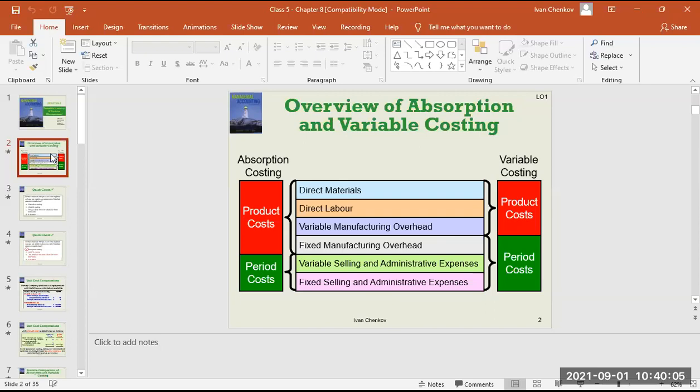In variable costing, the fixed manufacturing overhead is treated as a period cost and is not part of the product costing. So if we compare the product cost between both methods, with absorption costing the product will always have a higher cost. With variable costing, the product will always have a lower cost. Why? Because variable costing doesn't include the fixed manufacturing overhead, whereas absorption includes it.